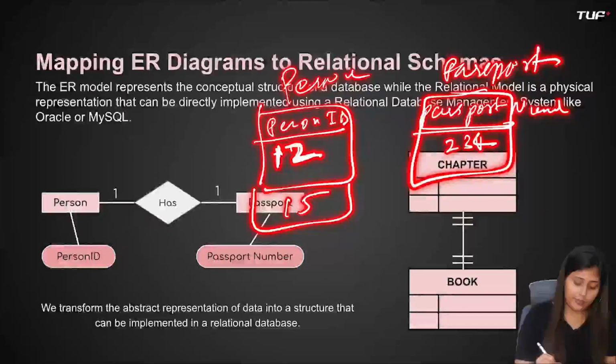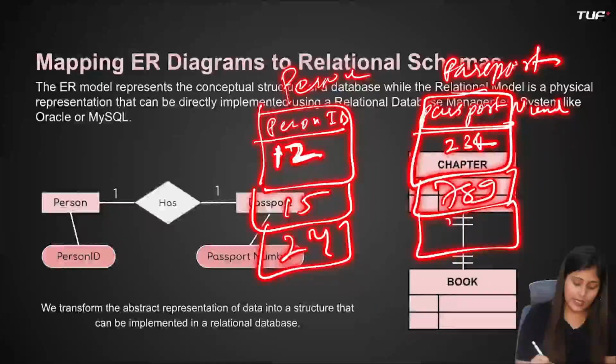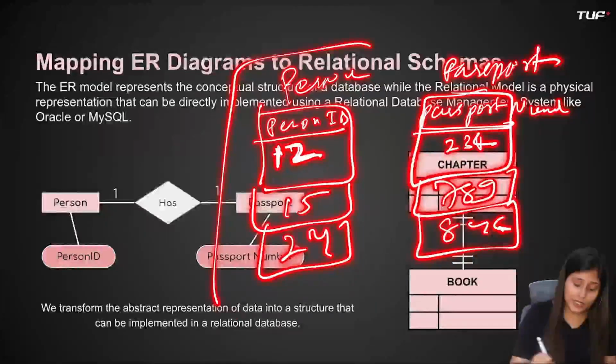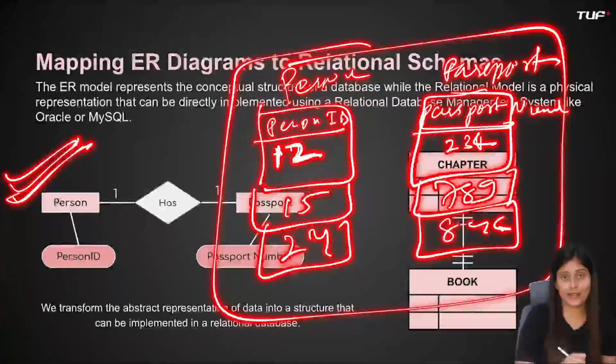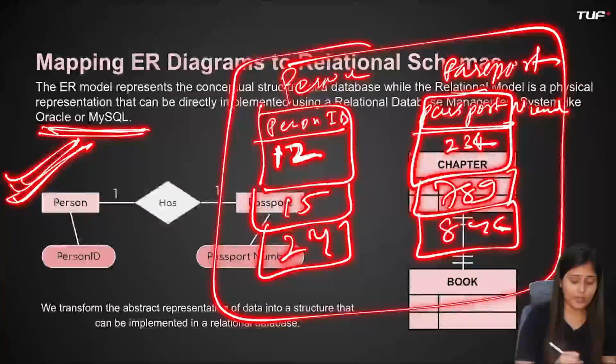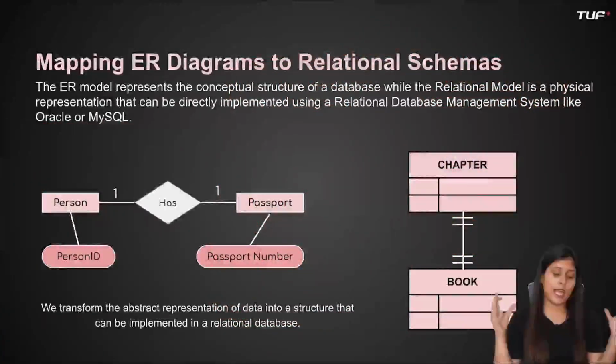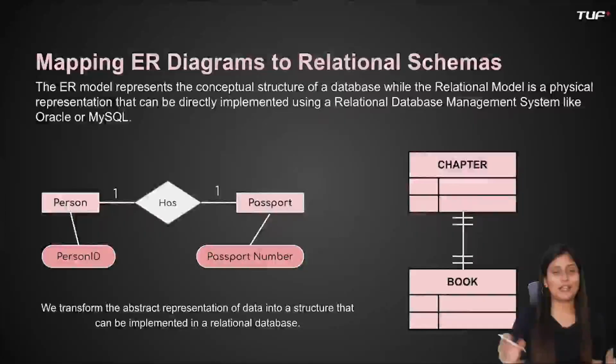Similarly, 1, 5, 7, 8, 9, 24, 8, 4, 6. So this is how the relational database model looks, and this is how the actual ER diagram looks. And with the help of Oracle or a MySQL server, we can convert this logical implementation into the physical implementation. That is how we map the ER diagram to the relational model.